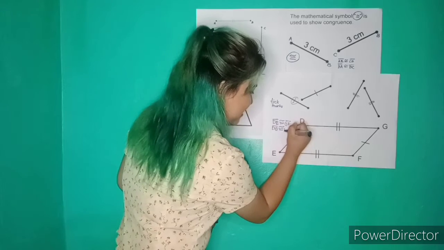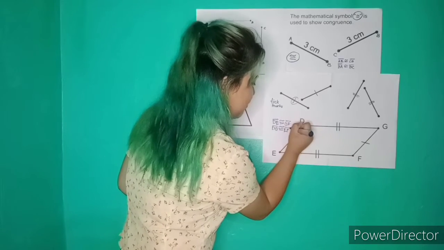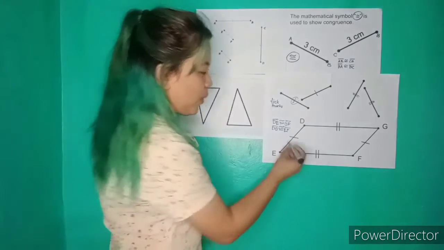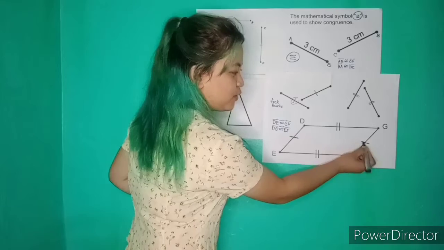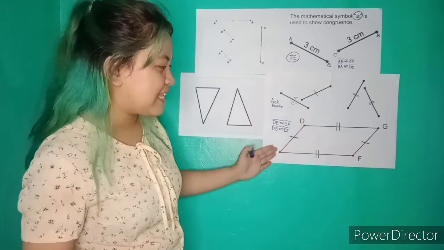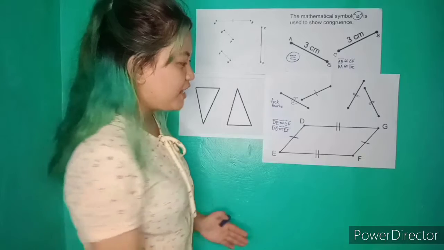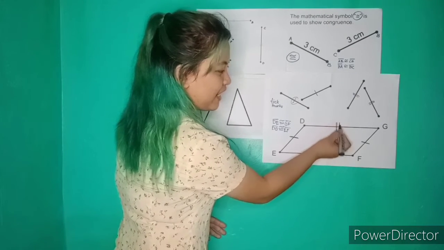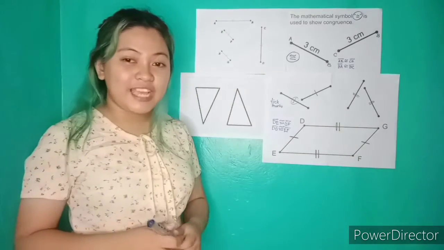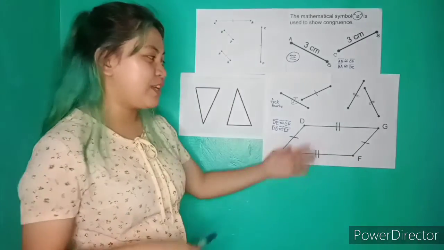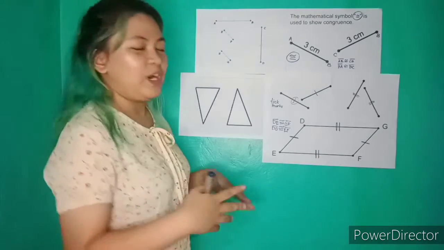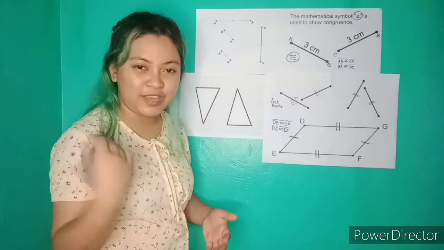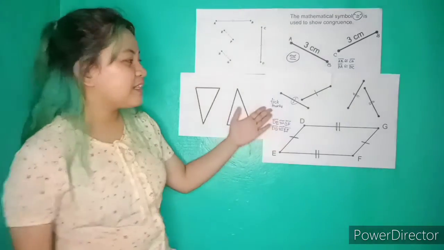That's nice. We have EF. So we put one slash here and one slash here to show congruence for these line segments. And for another, we put a double slash here because this is the second pair of line segments that are congruent to each other. If there are other line segments that are congruent, we put three slashes. Those are called tick marks.